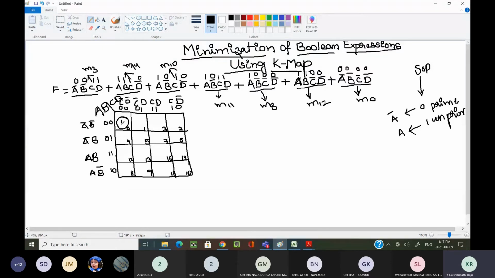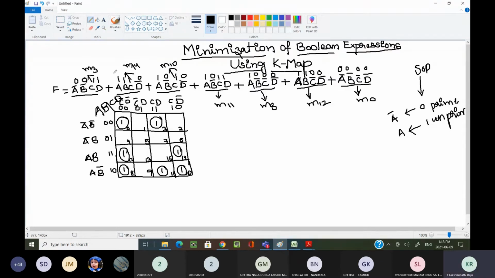Min term 0, I fill with 1, min term 3 also with 1, min term 8 with 1, then min term 10, min term 11, min term 12, and min term 14, all with 1.